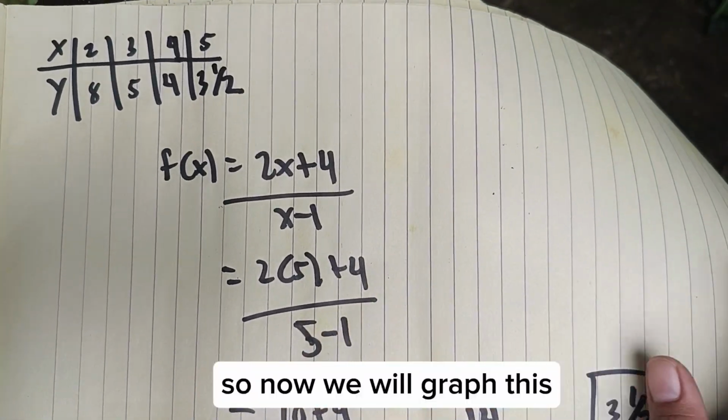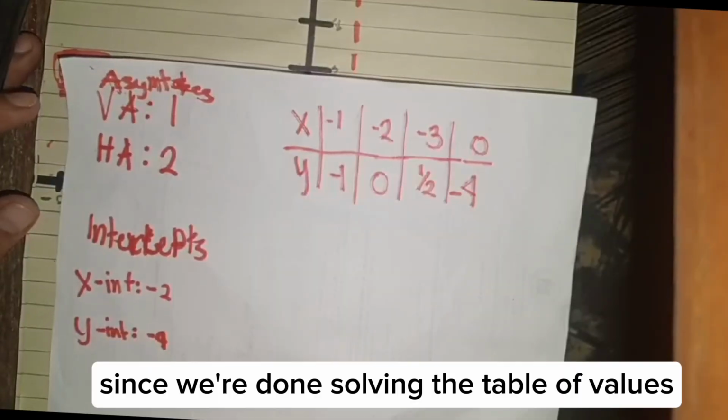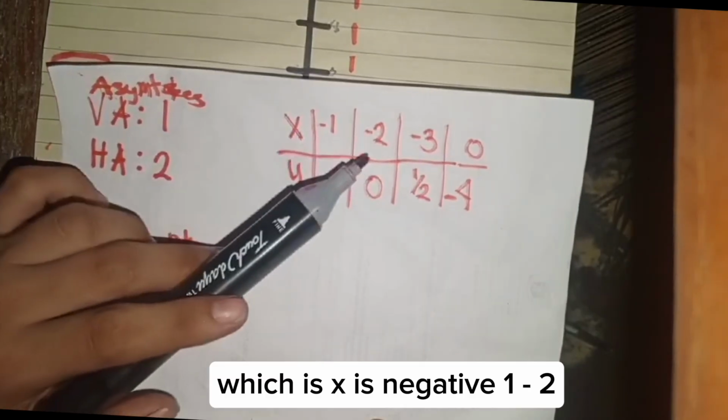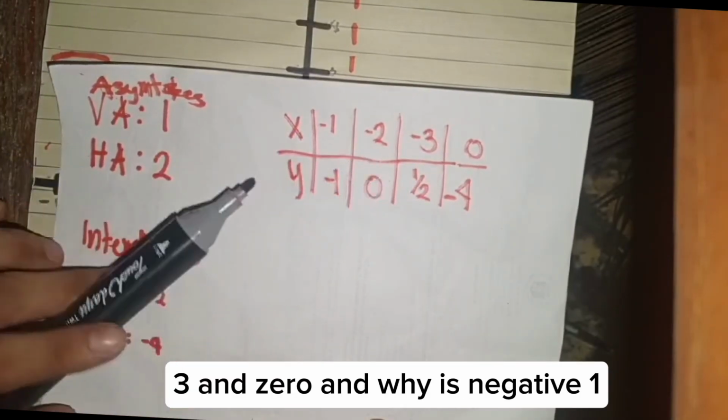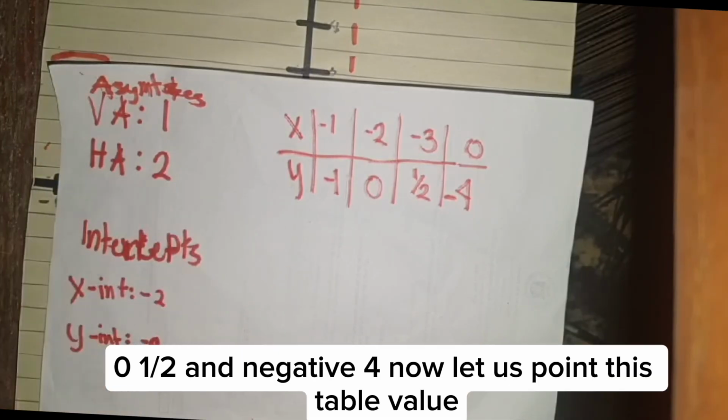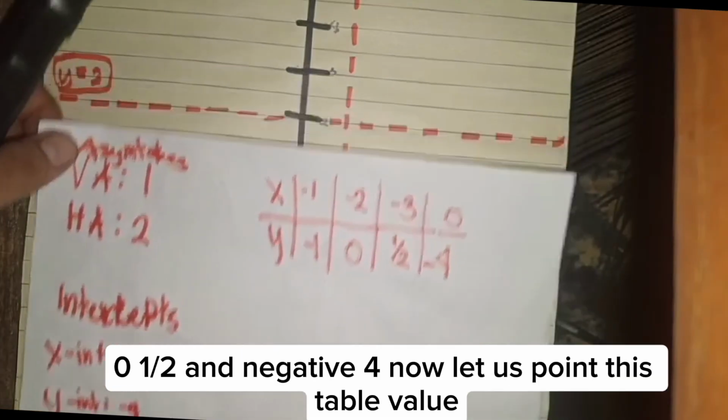So now we will graph this. Since we're done solving the table values, which is x is negative 1, negative 2, negative 3, and 0, and y is negative 1, 0, 1 half, and negative 4. Now, let us plot these table values.